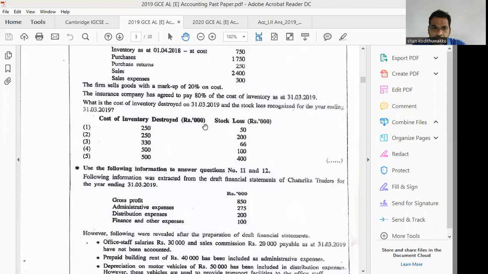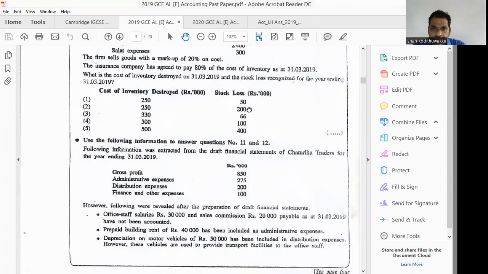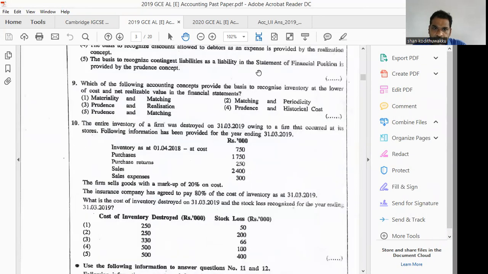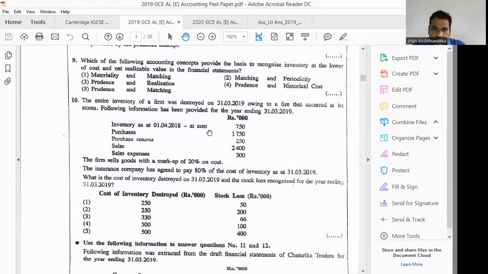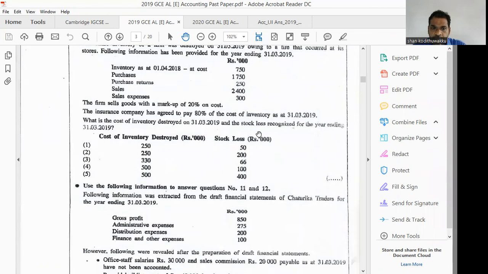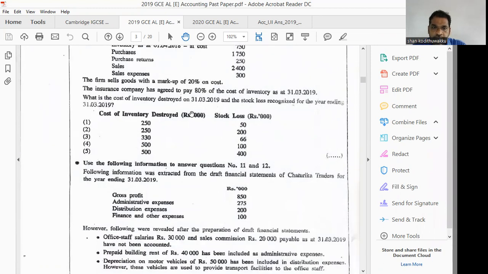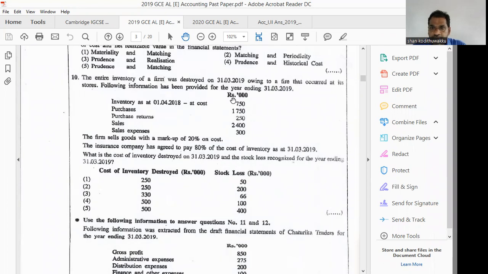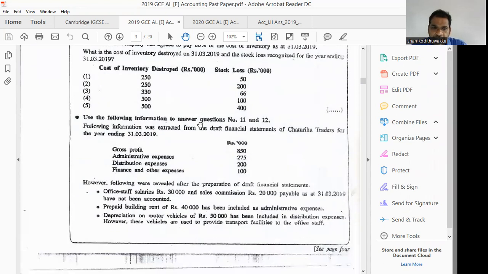Right. Here, you can see question number 10 depends on the given details.